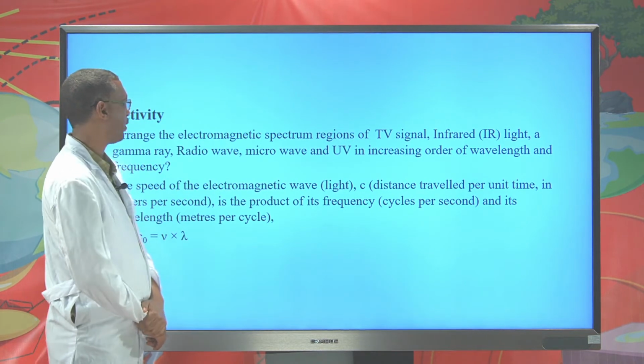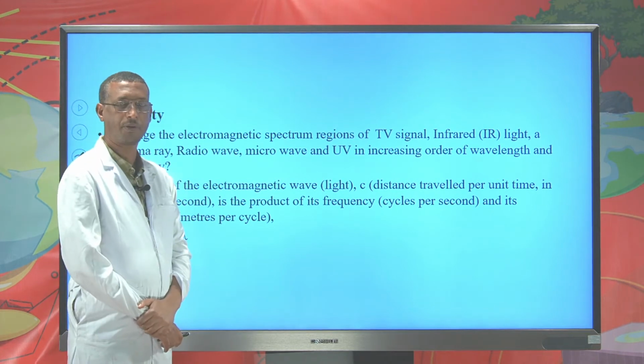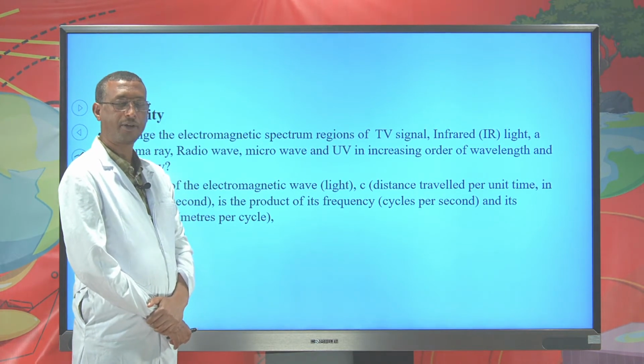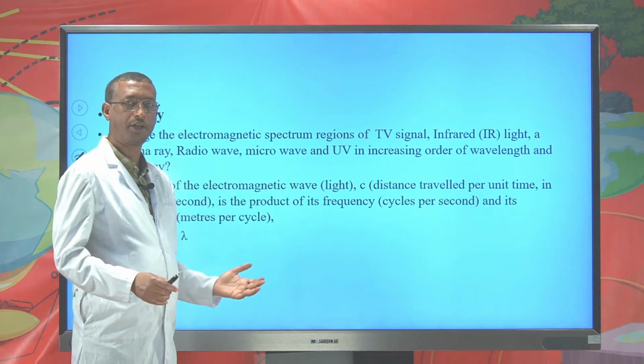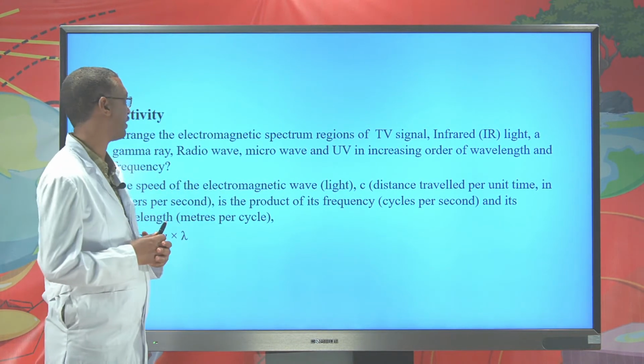Now, here we have an activity. The activity is for you. You'll compare the wavelength and the frequency of this electromagnetic radiation.